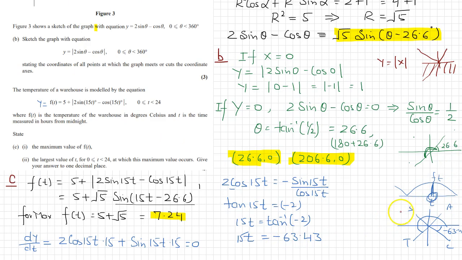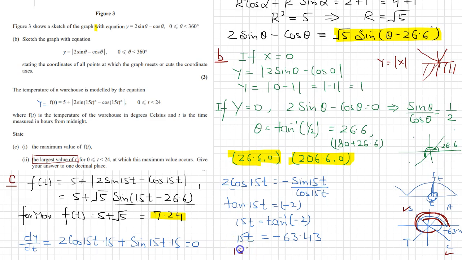Tan is negative, so it's negative here and it's negative here. So one value we have this, and another value we have this one. Now it's saying the largest value of t. So the largest value of t is this.